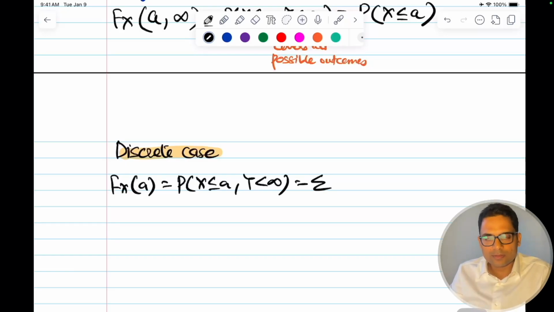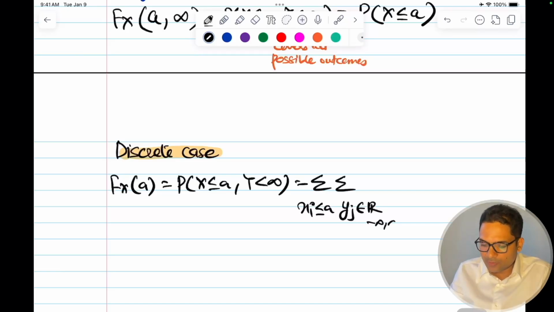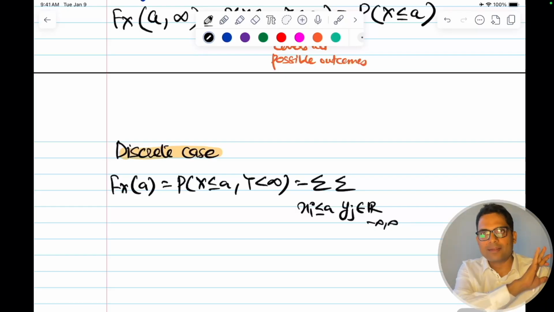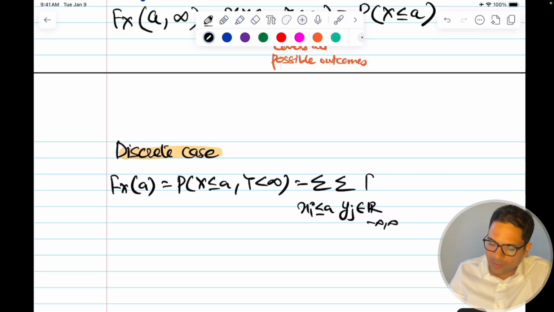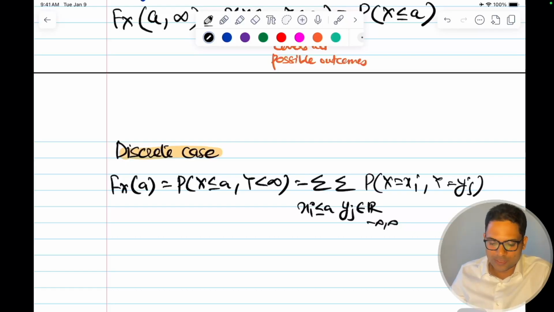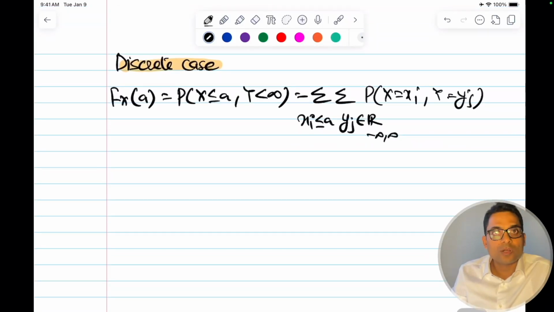From the joint one, x_i less than or equal to a, and what will be the value for y? So y_j belongs to R, the complete real number line. This means minus infinity to infinity. So this is a short form of that. And the same thing, X equals x_i, comma, Y equals y_j. This is your discrete case. I hope this is clear.